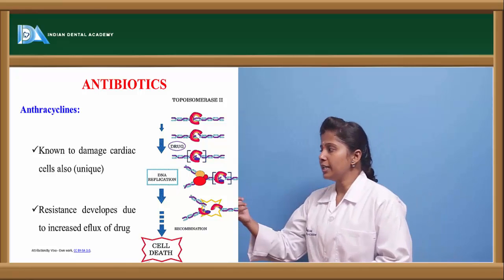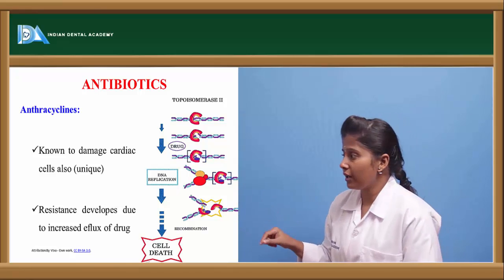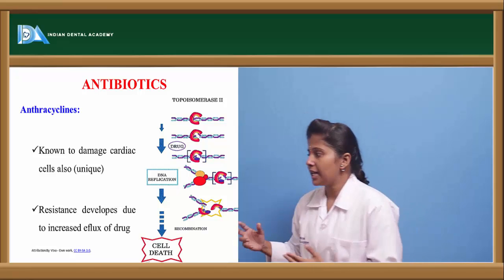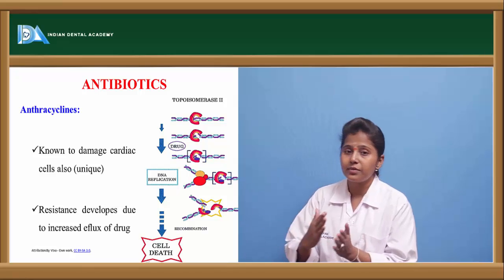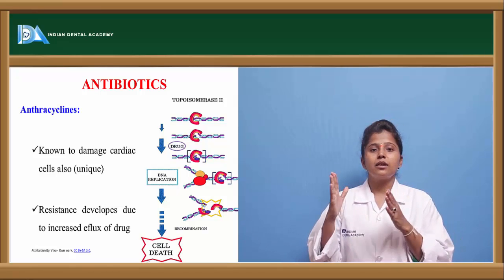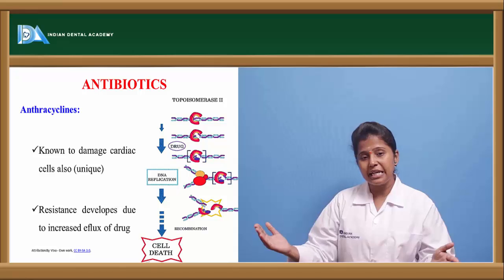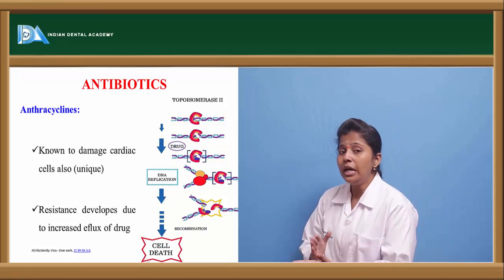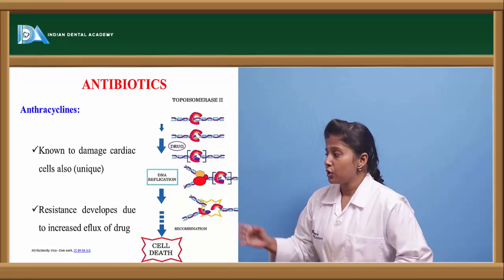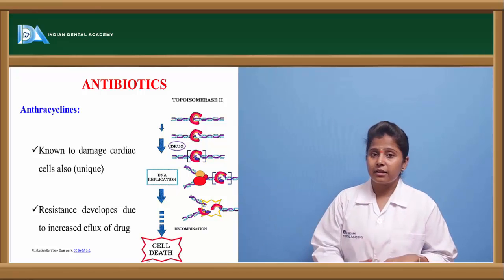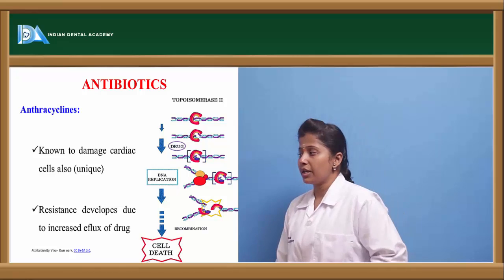Here we can see the pictorial representation. If the drug is given, the DNA is broken down before it gets replicated, and thereby the replication of the DNA does not take place. That leads to cell death. So this is how the antibiotics act.